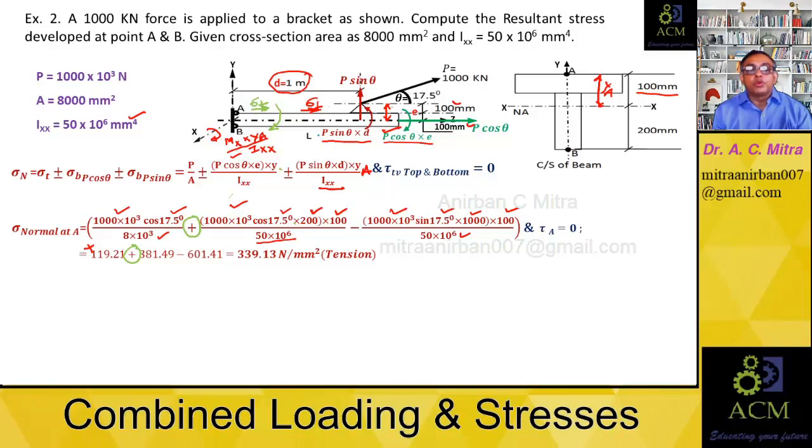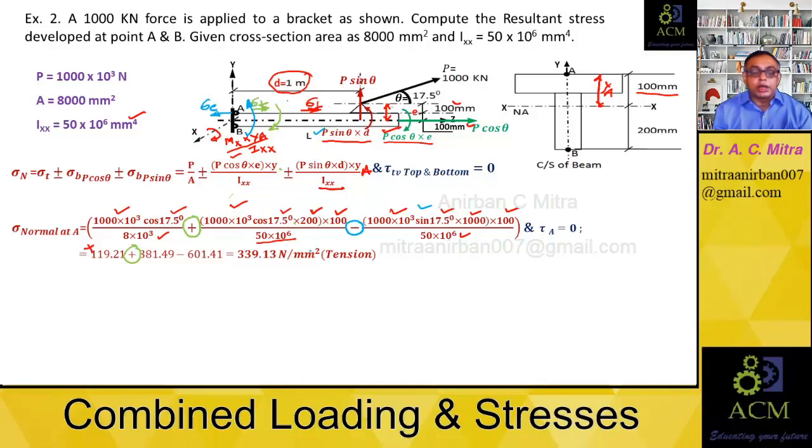Next, if you consider the moment due to P sin theta into D, the moment is applied in the anti-clockwise direction. Due to this direction, at point A some pushing force is applied. Due to this pushing force, some compressive stresses are produced at point A. So we know that due to this P sin theta moment, compressive stresses are produced.